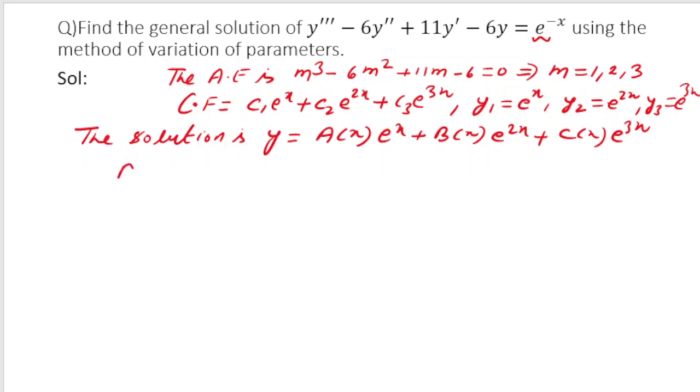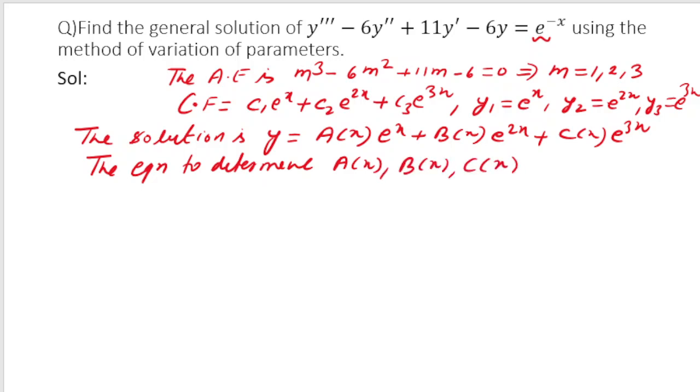So before I write that, let me also make one comment. The equations to determine a(x), b(x) and c(x) that we want to get are as follows, and this is how you have to write.